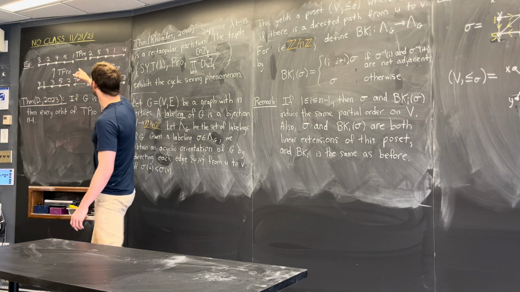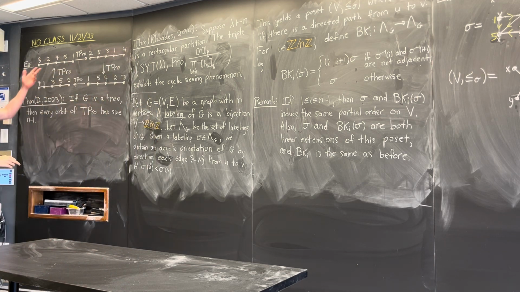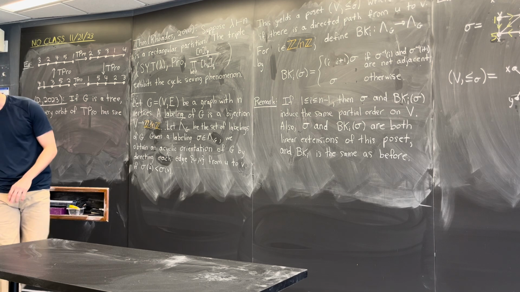So like here, this is a path graph with 5 vertices, so it's a tree with 5 vertices. And this orbit has size 5 minus 1, but actually they all have size 5 minus 1. So I could have put any labeling here, and if I did it 4 times, I'd still get back to where I started. Okay, so that's one thing that I did.